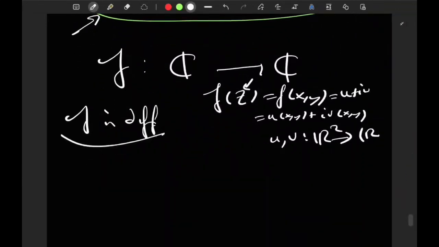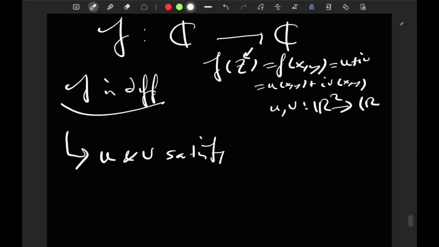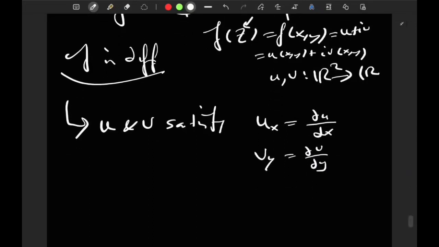So if F is differentiable, you realize that U and V satisfy a certain PDE. There's a certain relation between Ux, the derivative of U with respect to x, and the derivative of V with respect to y, so del V by del y. These things are actually equal, and Uy is equal to minus Vx.